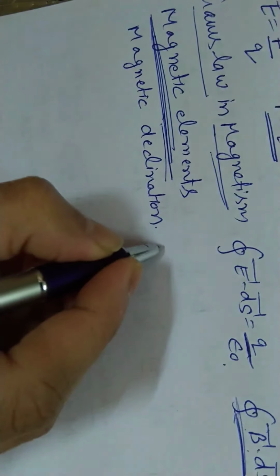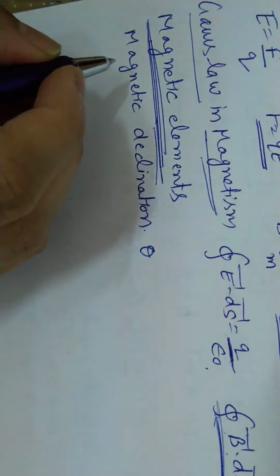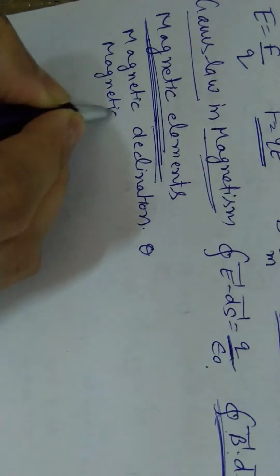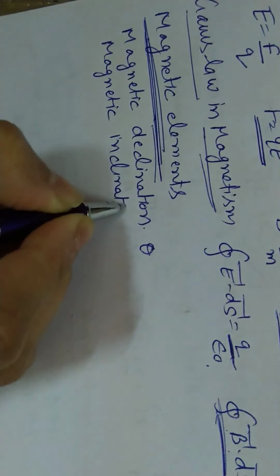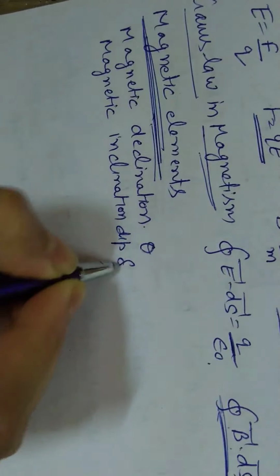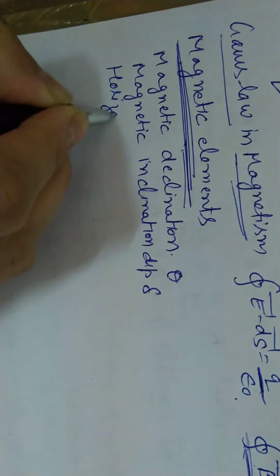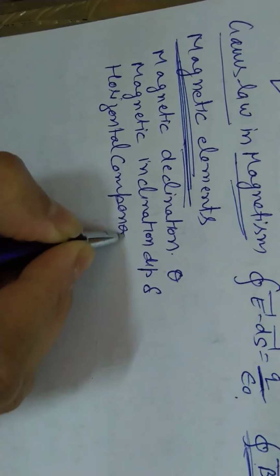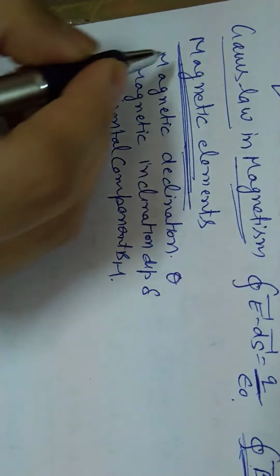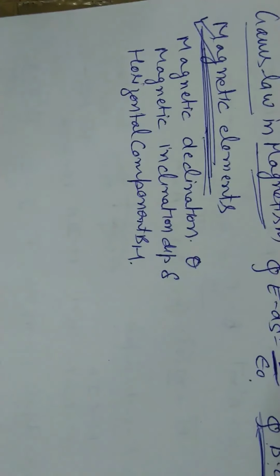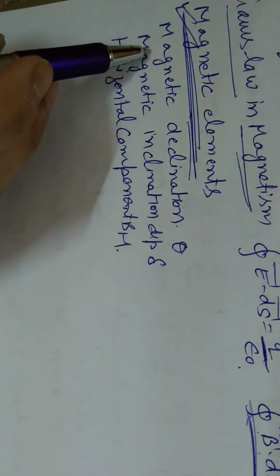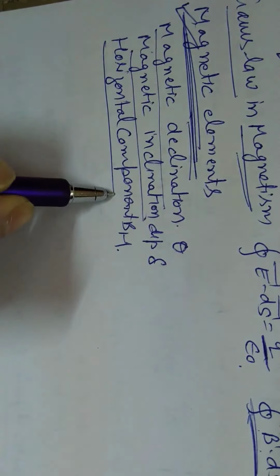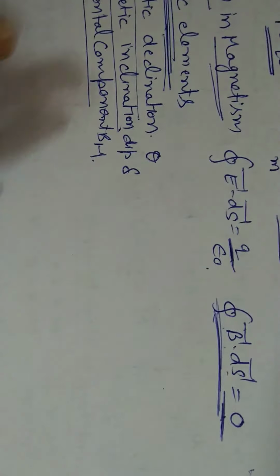First, magnetic declination denoted by theta, and the second is magnetic inclination or dip, that is delta, and the third is the horizontal component of earth magnetic field, that is BH. So these are called the magnetic elements which are used to explain the earth magnetism, that is magnetic declination, magnetic inclination, and horizontal component. And how do we describe these?